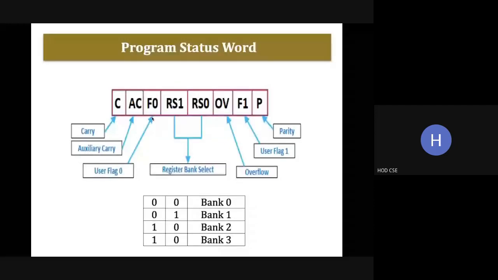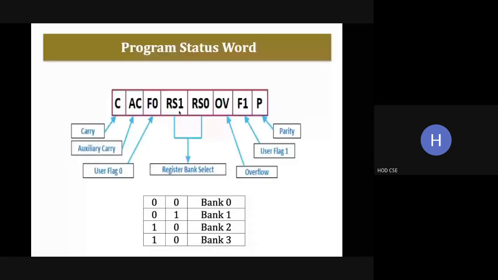We can use it. And here we have RS1 and RS0. We have 4 banks: Bank 0, Bank 1, Bank 2, and Bank 3. Each bank consists of 8 registers, that is R0 to R7.